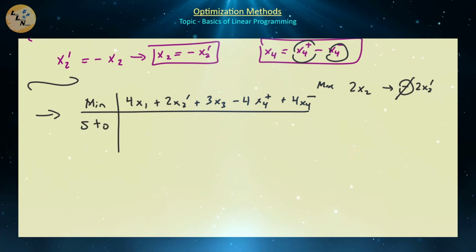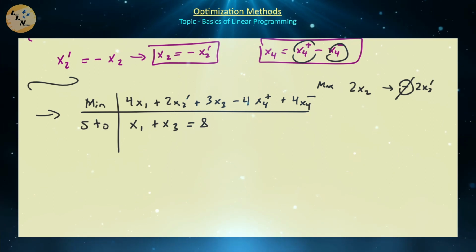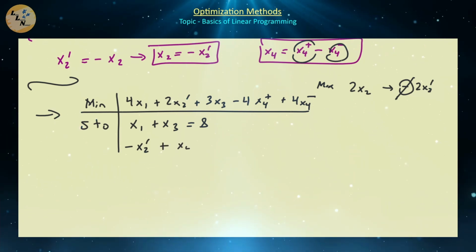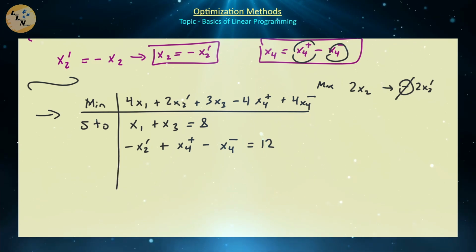So then we have subject to, so we're going to have x1 plus x3 is equal to 8. We don't need to change anything there. We're mirroring our x2, so that's going to give us minus x2 prime, and then we're decomposing x4 into x4 plus minus x4 minus, and that was originally equal to 12, so we don't need to change that.